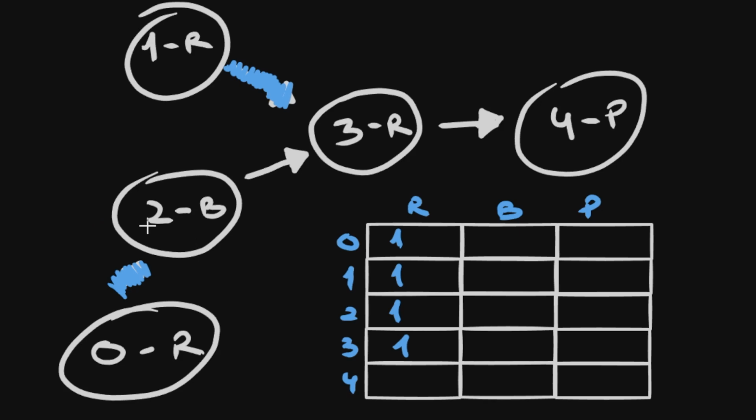Now the next node in the queue is this one. This has no incoming edges, and we are adding to node 2 1 blue. So in 2 we add 1 to blue, and we need to update every neighbor, so we update these 3 again. So the maximum between 1 and 1 is 1, and the maximum between 1 and 0 is 1, and the maximum between 0 and 0 is 0.